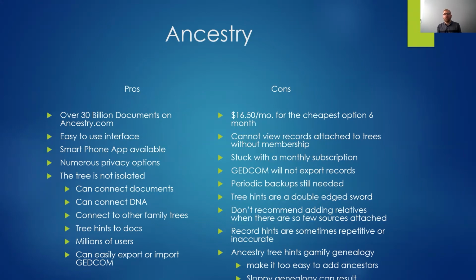So the cons. I mentioned that I have a subscription and I have the cheapest option. It's actually a 6-month option, and it brings it down to $16.50 a month, which is still very costly. Although I have the subscription at the moment, partly so that I can attach records to the trees, it leaves me feeling stuck.